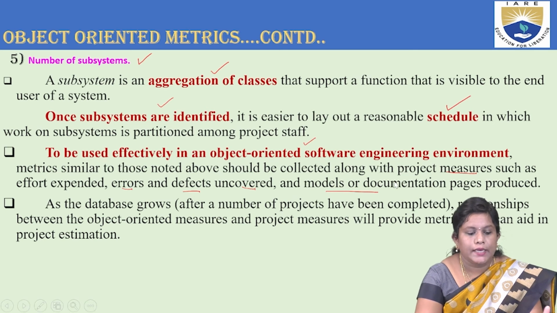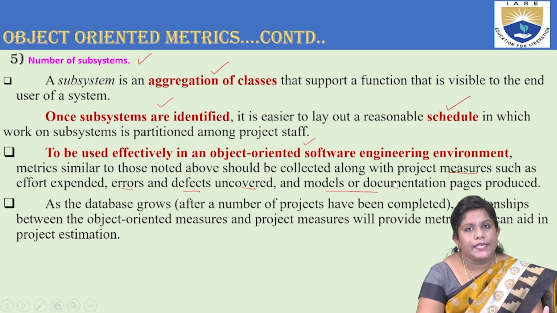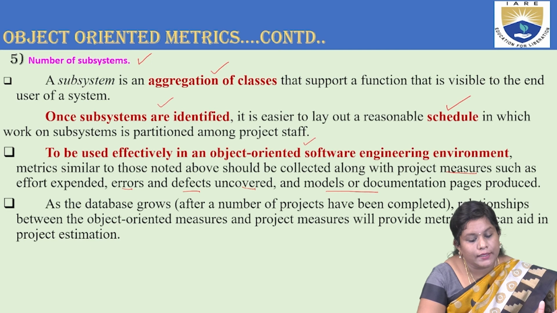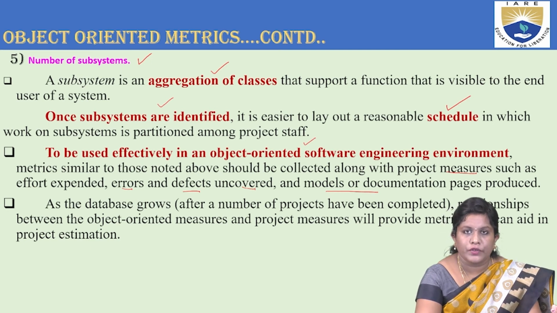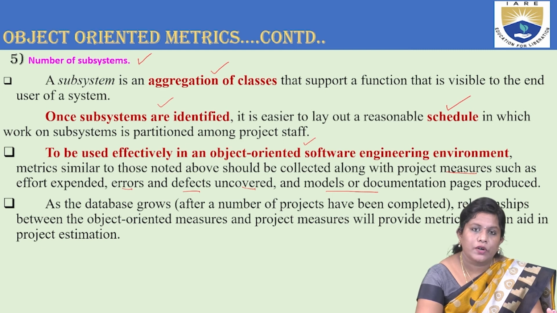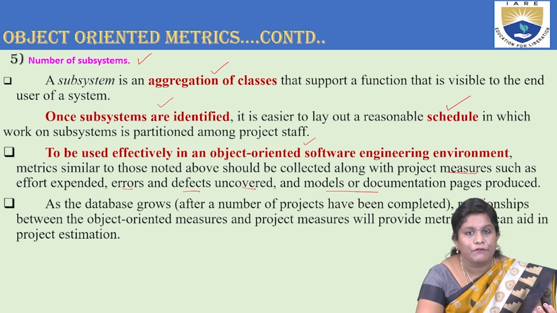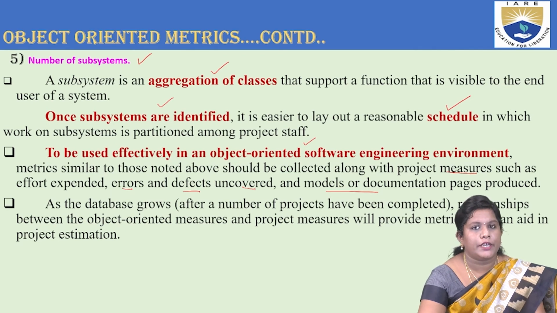So I repeat, the 5th category of the object-oriented metrics is the subsystems. Subsystems act as an aggregation of the classes, right? Once your subsystem is identified, they focus on the schedule and work effectively by using various techniques for the object-oriented environment, where the focus is on the efforts, the errors, the defects, and the documentation portion.